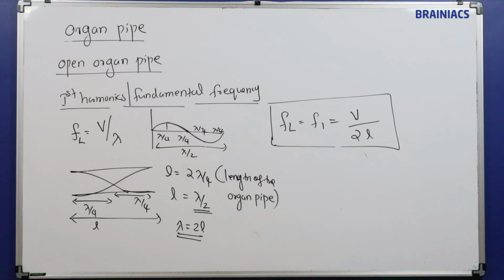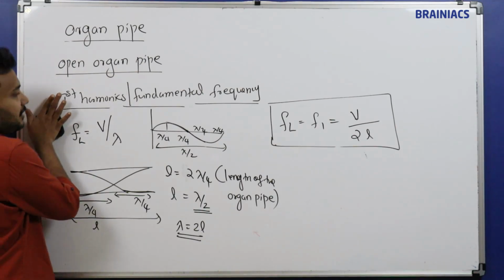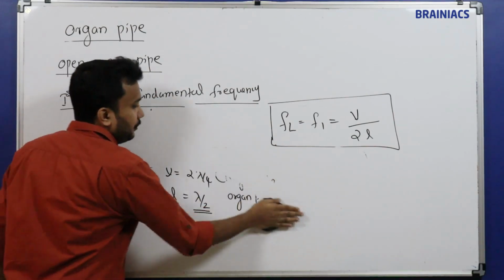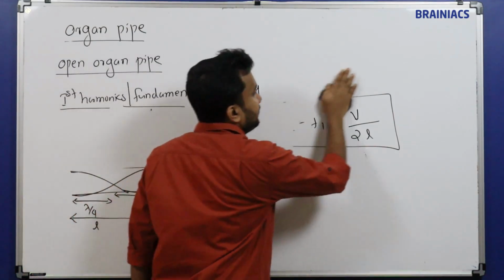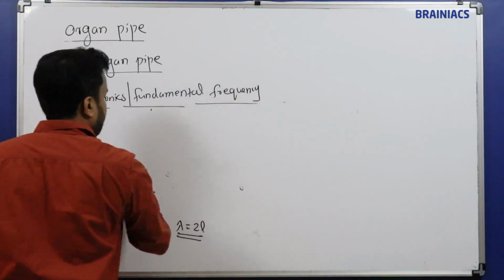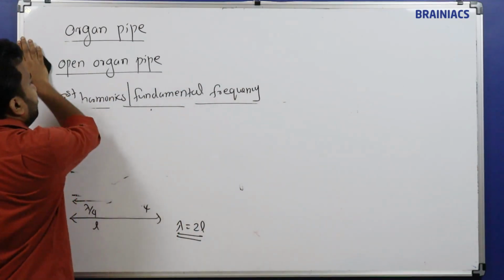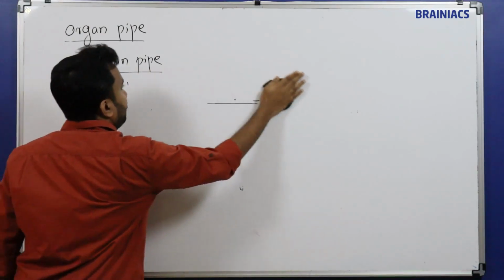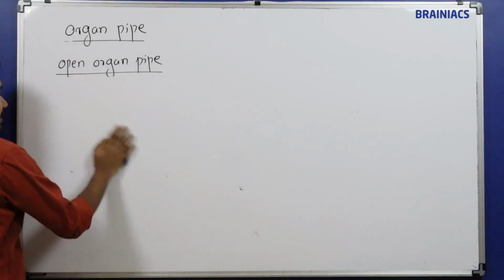Next one is called the second harmonic. So let's go ahead, I'll clear the board. We are going to see the second harmonic in the open organ pipe.